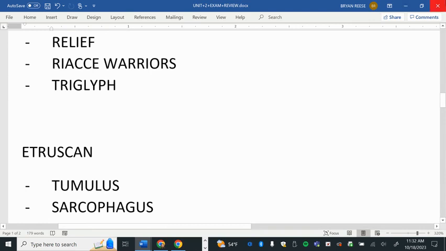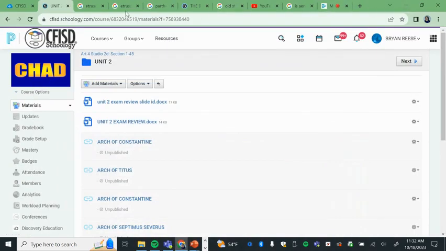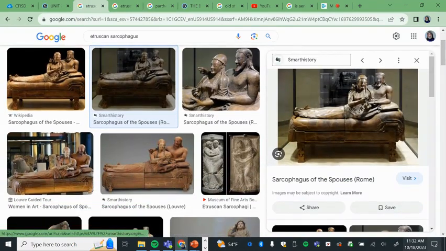A sarcophagus. I did not talk about the sarcophagus with you guys. We skipped that part. So let me give you a brief rundown. The Etruscan sarcophagi are just like the Egyptian sarcophagus and the Roman sarcophagus. They house dead bodies. The Egyptians would house a mummy.